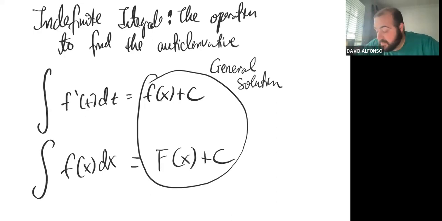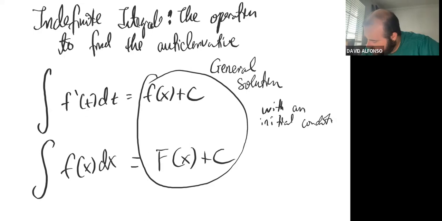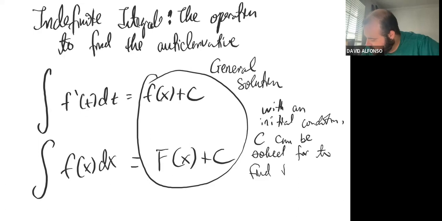Okay. But a particular solution can be found if you know a particular point or an initial condition. So with an initial condition, C can be solved for to find the particular solution.